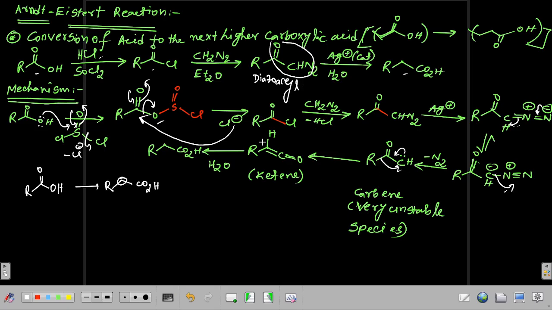So it leads to the formation of the ketene. This is a ketene, RCH double bond C double bond O, and later if we react this ketene with H2O, it leads to the formation of this next higher carboxylic acid.